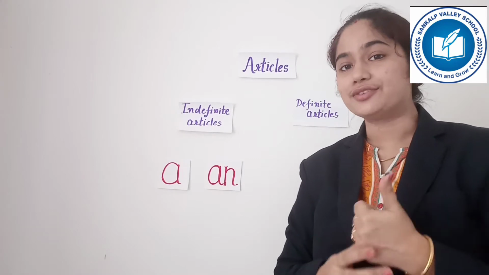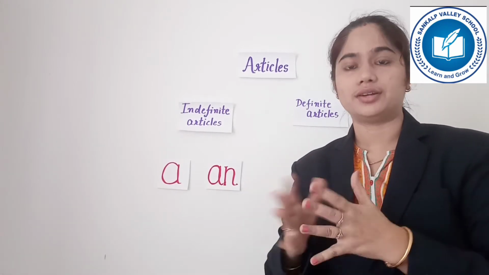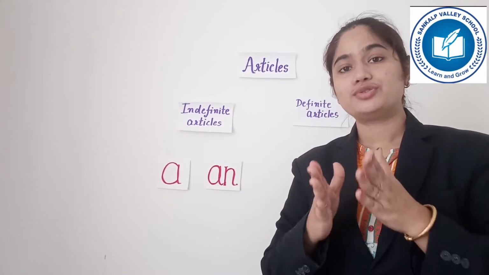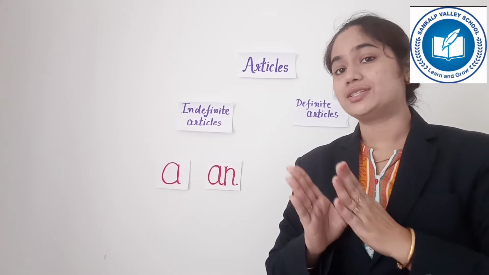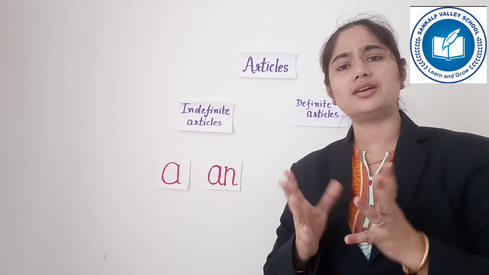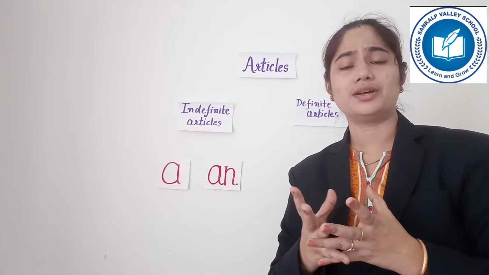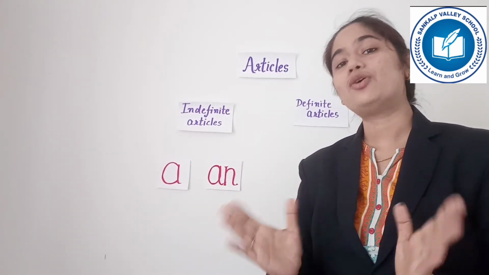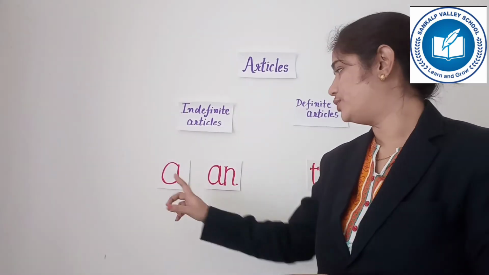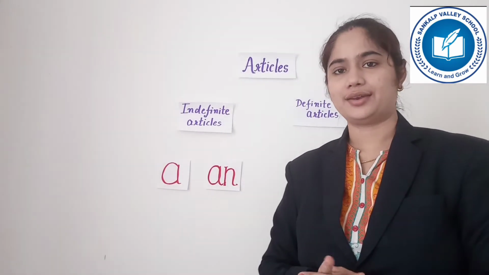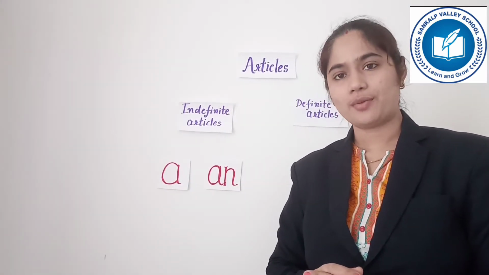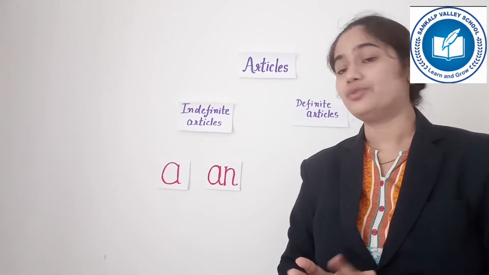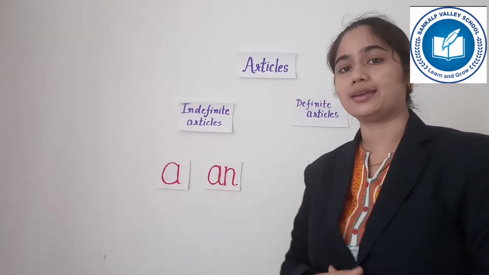Indefinite articles refer to something in general. So it refers to a noun which is in general, or commonly used. What is that? A common noun. So for any common noun, we will use a or an.